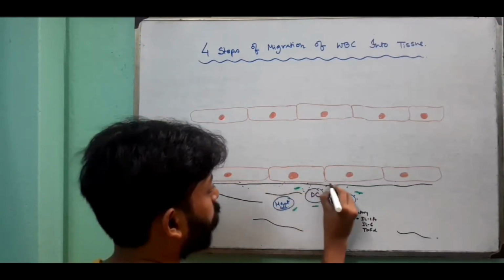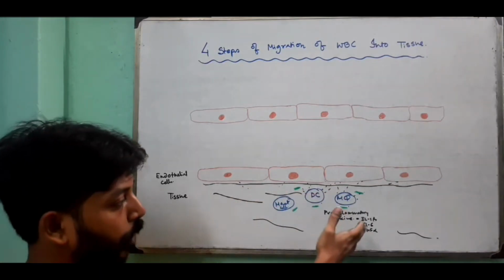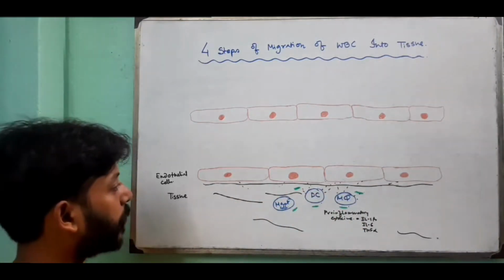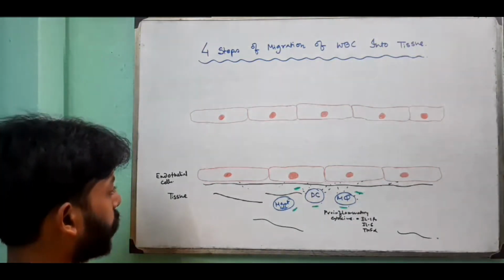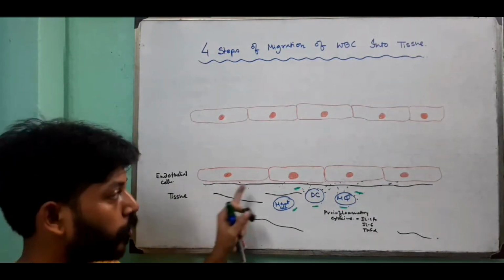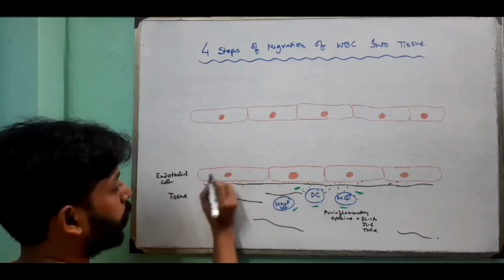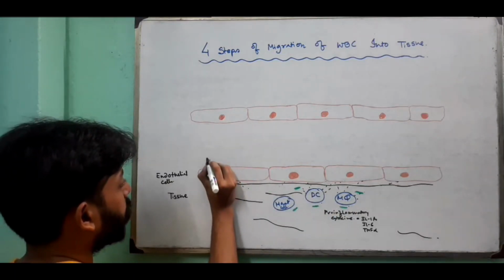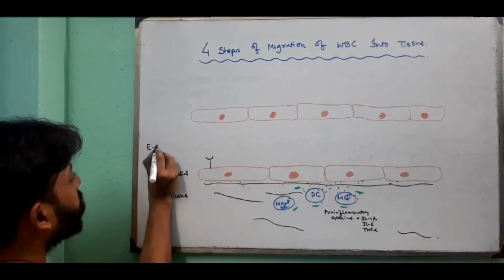the endothelial cells. In response to chemicals like IL-1 beta, IL-6 and TNF alpha, these endothelial cells start to produce one molecule. Before the infection there was no such molecule, but after infection the endothelial cells start to produce a molecule called E-selectin, E for endothelial, selectin.